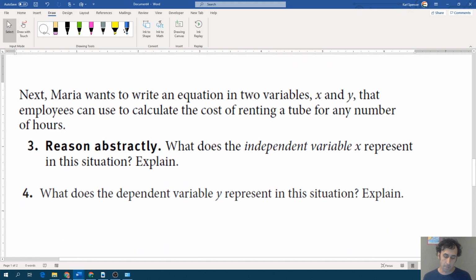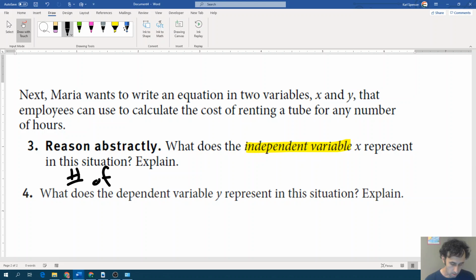So, in this problem, the independent variable is the number of hours, and we're going to let that be our X variable. So it's the number of hours you can control. You control when to return.